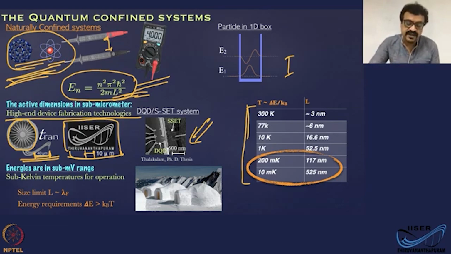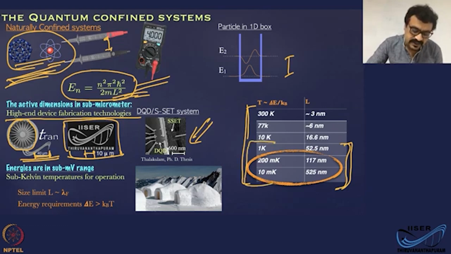So the dimensions that we are interested in are in the submicron regimes, like 50, somewhere in this bracket. What that means is the thermal energy should be minimum, or that should not contribute much to your transport. That will create noise in your system. What that means is the temperature range that we are looking at is in the sub-Kelvin regime. That means you need lower temperature.